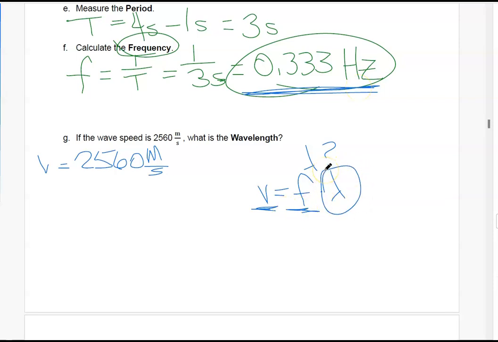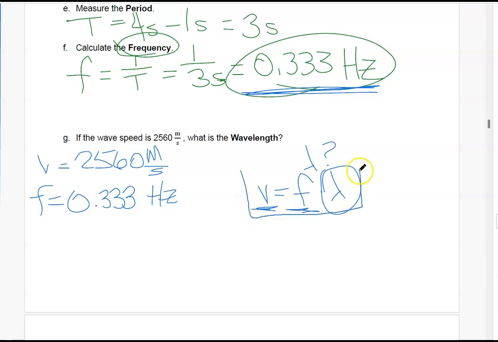So we can calculate the wavelength using this formula. Our frequency is 0.333 hertz. But keep in mind, whenever you're using a number that was previously calculated and rounded, you really should be using the unrounded version when you do your new calculation using that number.